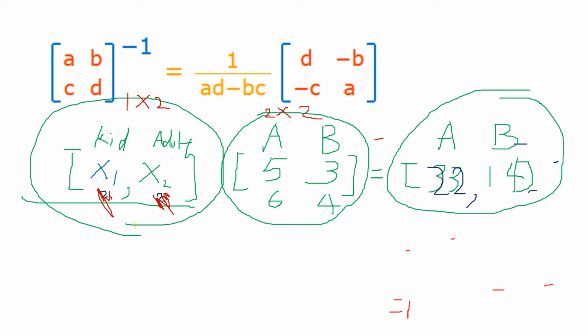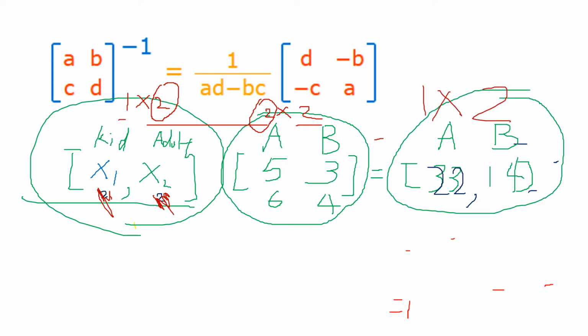You see the column number and the row number must be equal so that we can do the matrix calculation. Otherwise you cannot do the calculation. And the final product must be 1 by 2.